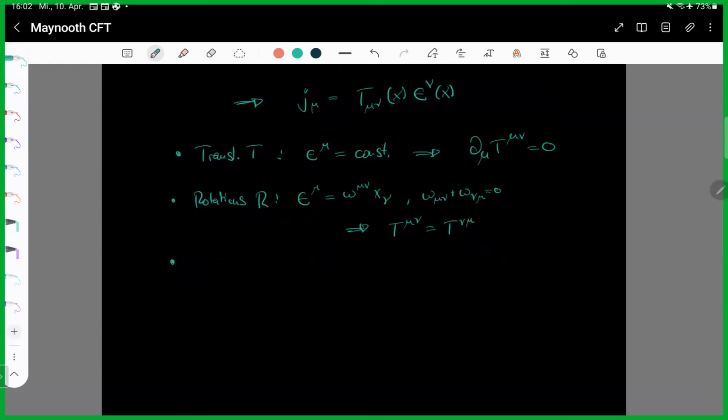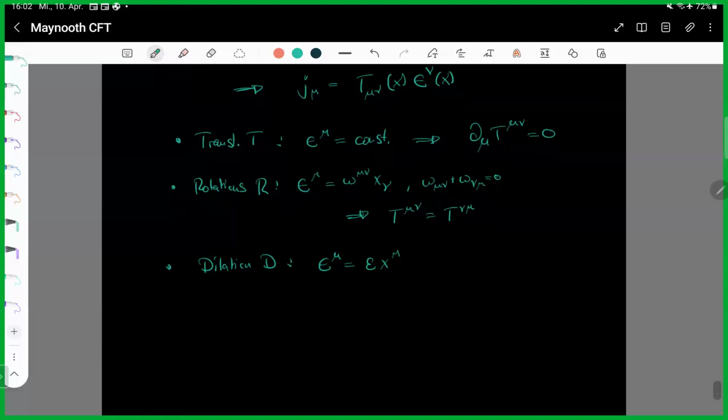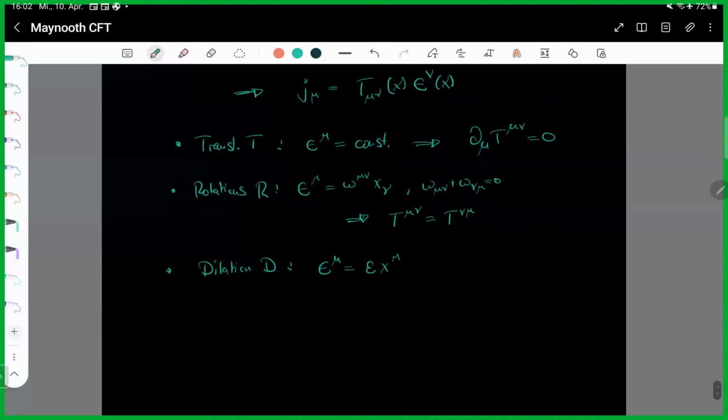So what's new? One thing that is new in CFT is the dilation. The dilation is just something like the scaling of the coordinate x that we had before. So let's try that.